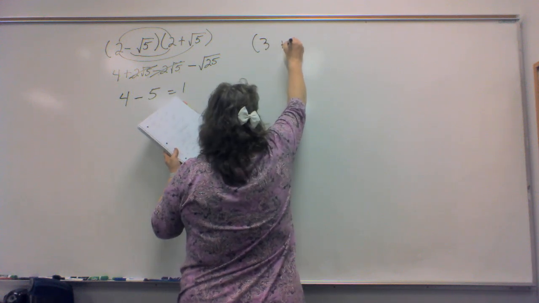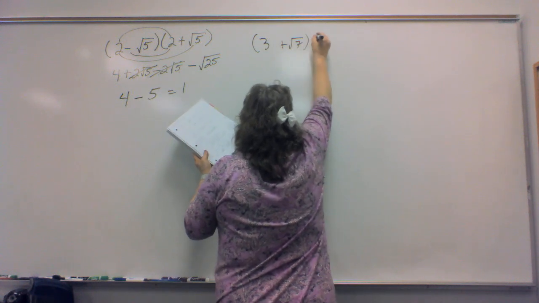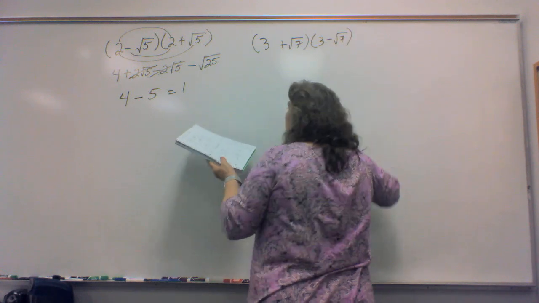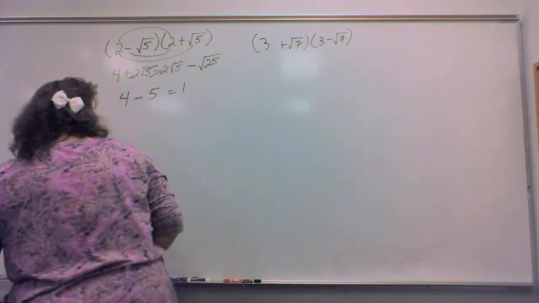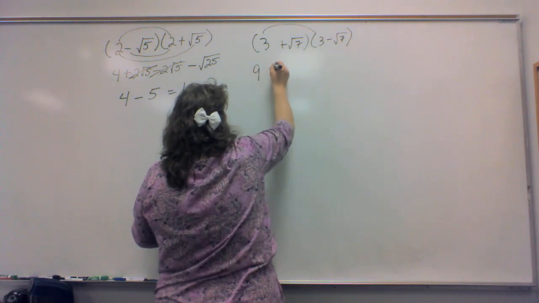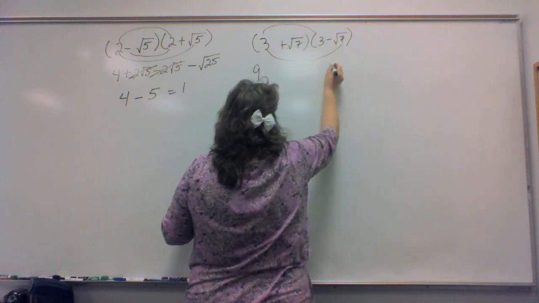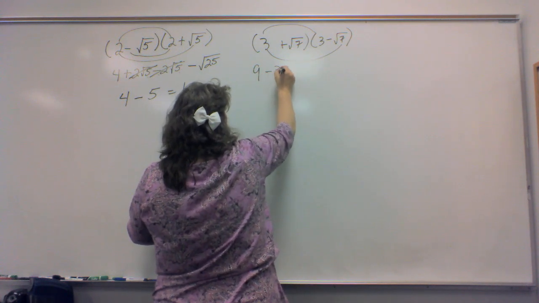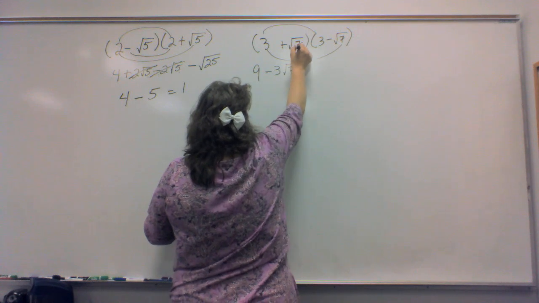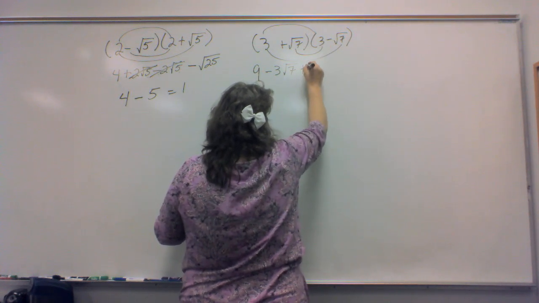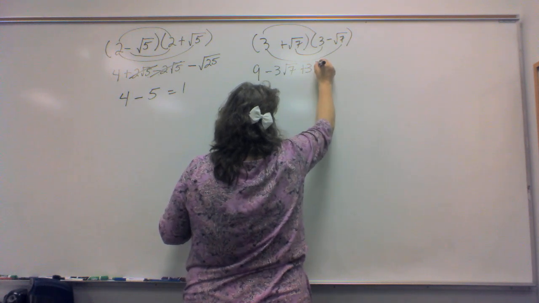3 plus square root of 7 times 3 minus square root of 7. And notice the same thing happens. 3 times 3 is 9. 3 times negative square root of 7 is minus 3 square root of 7. Square root of 7 times 3 is plus 3 square root of 7.